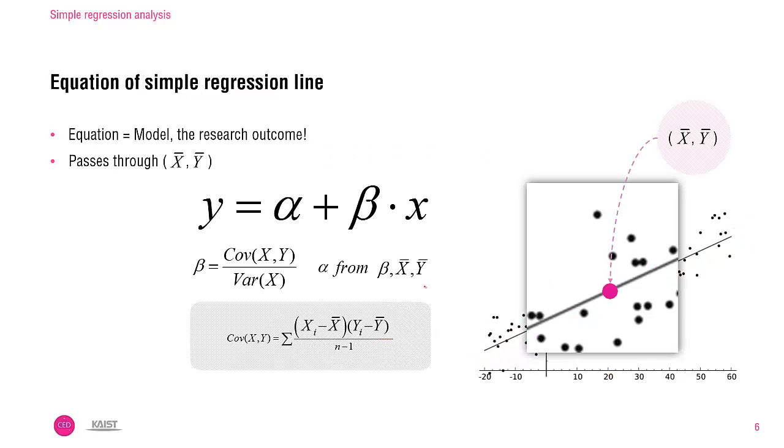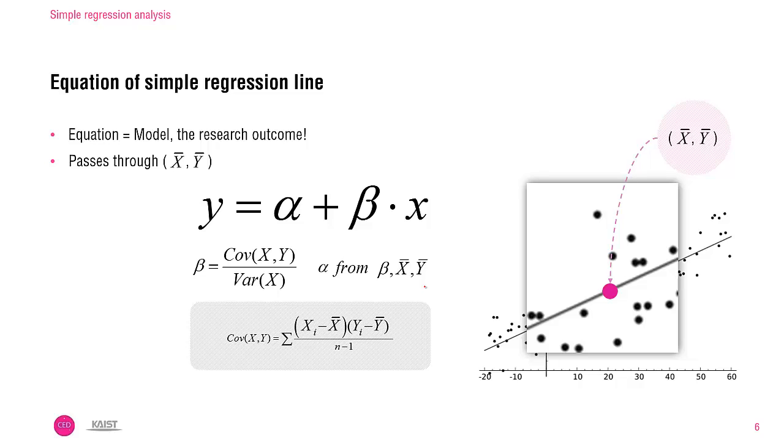The equation of the regression analysis can be named as a model that proposes a trend of certain phenomena or observations. Therefore, in some research, the equation as such is a good outcome. So let's learn more about the method to obtain the alpha and beta values.